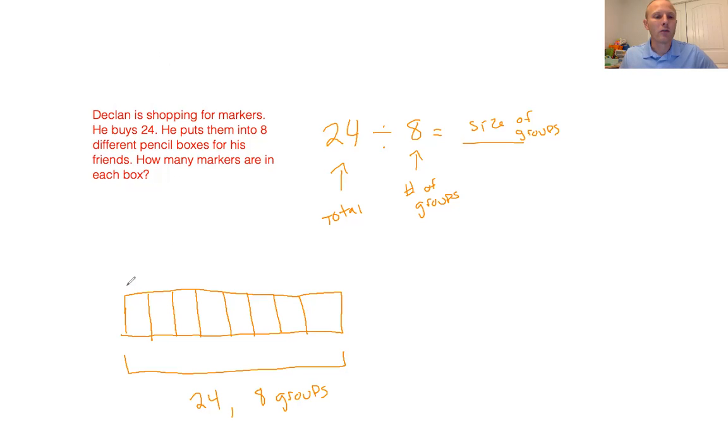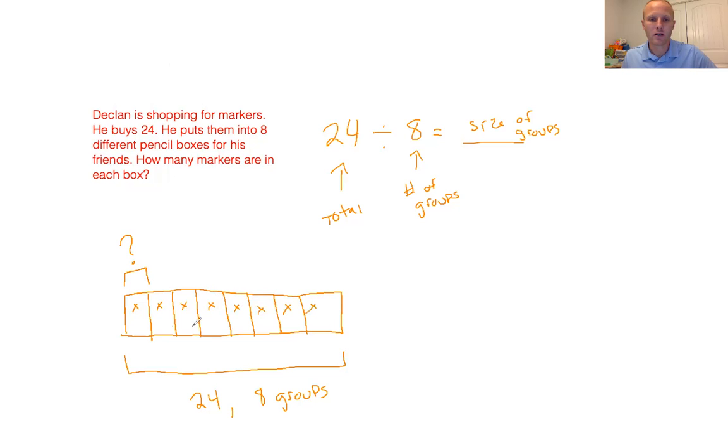So the part I don't know here is the number in each of these units. Remember, we call each of these rectangles within the tape diagram a unit, and they're all equal because we're doing division right now. And I'm going to use that same strategy I used in the last problem, where I give 1 marker at a time to each pencil box.